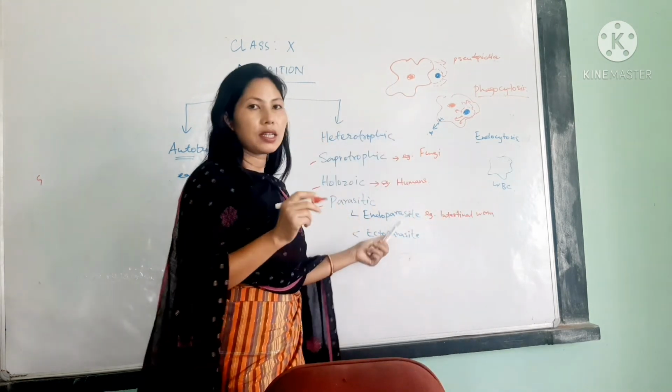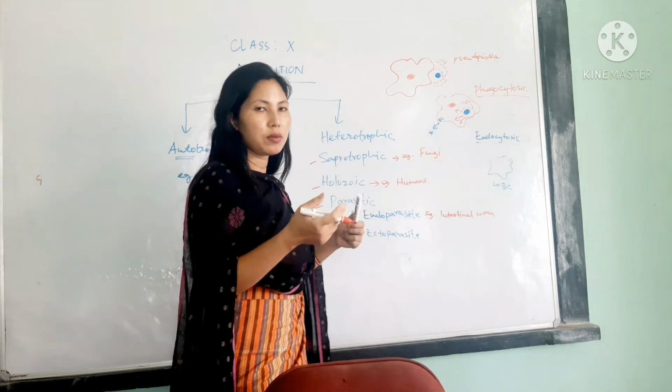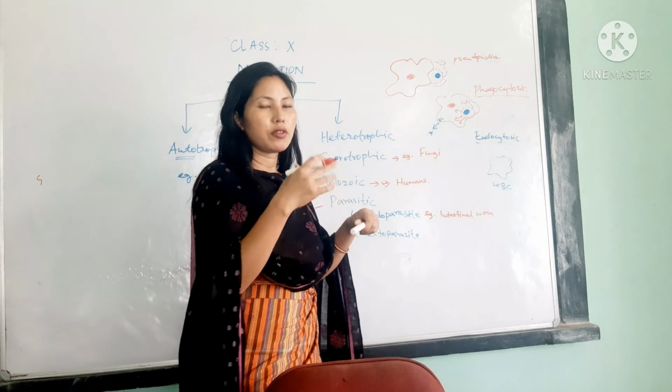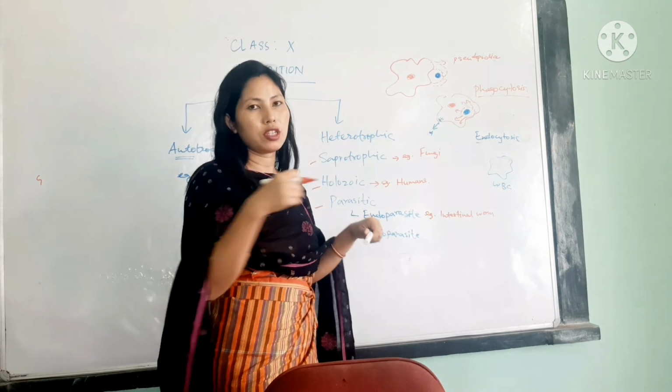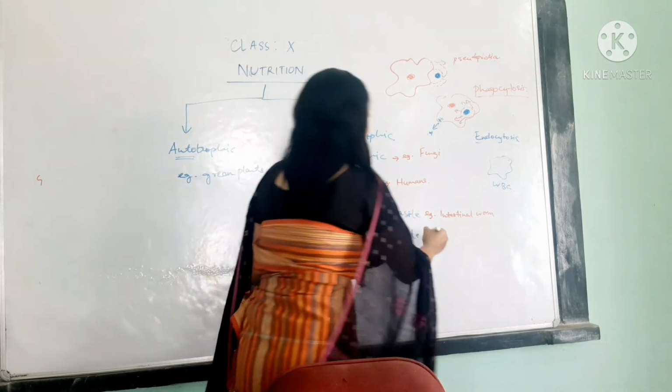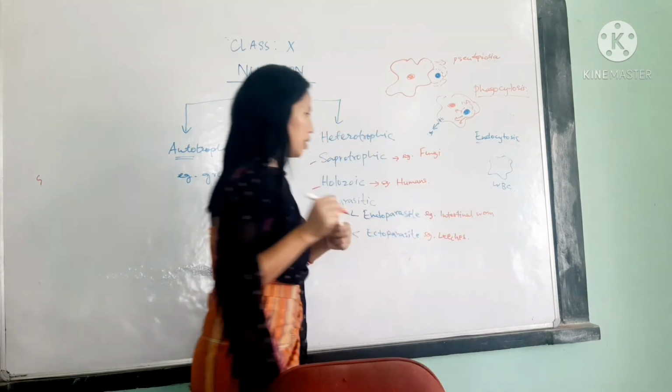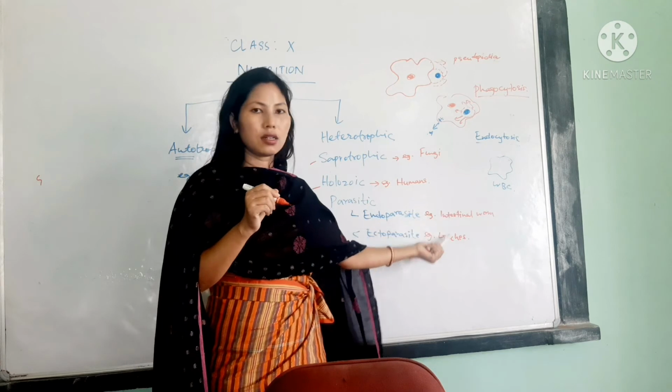Ectoparasites are the ones that live outside the body; they do not enter the body of the host, but from outside they absorb nutrients from the host body. For example, you can write here leeches. Okay, so these are the parasites.